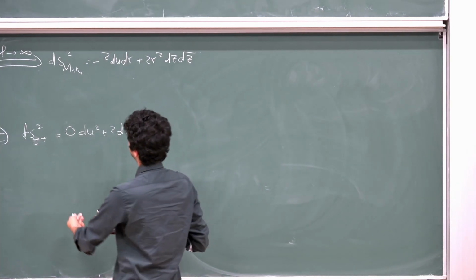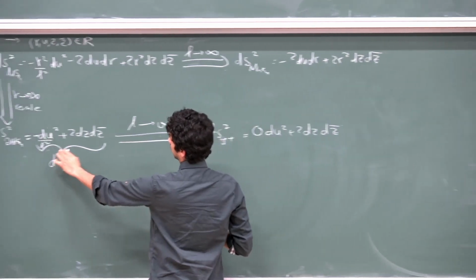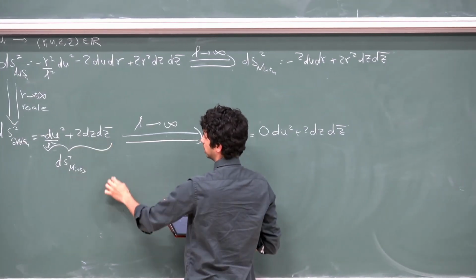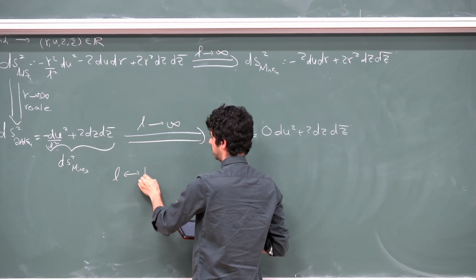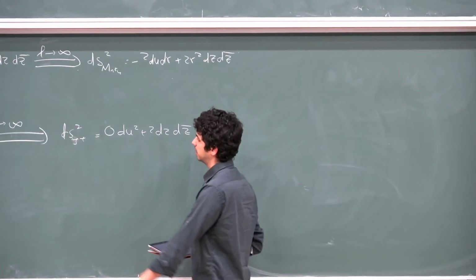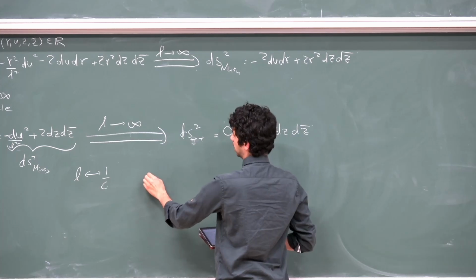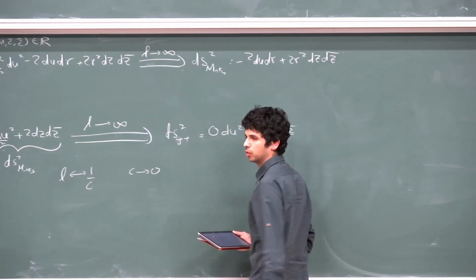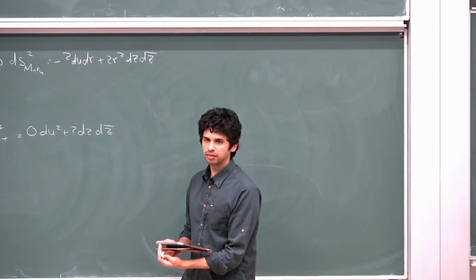And so one thing you can see is that if you look at this metric, you can formally identify C, 1 over C and L. And taking L to infinity is the same as taking C to 0 in whatever theory lives there.